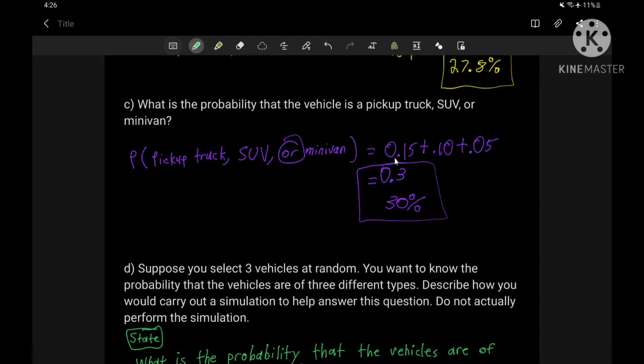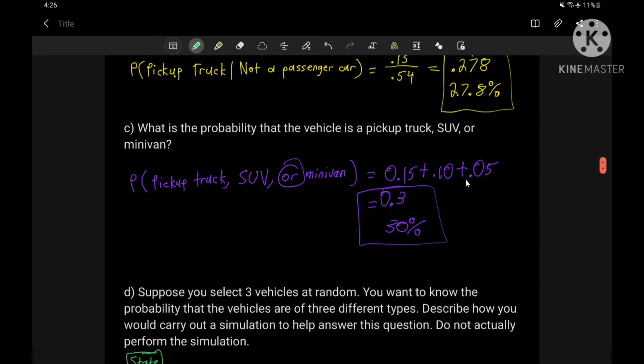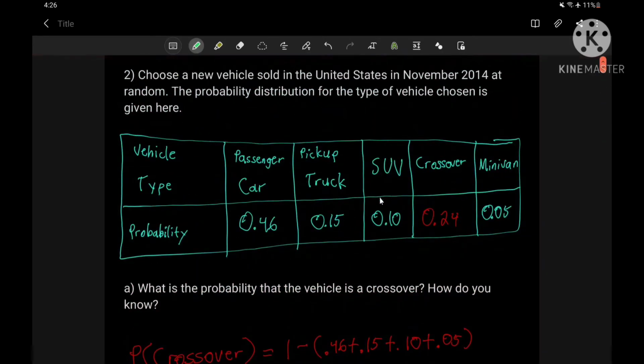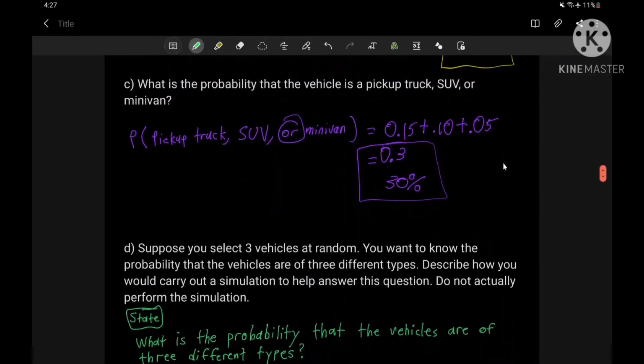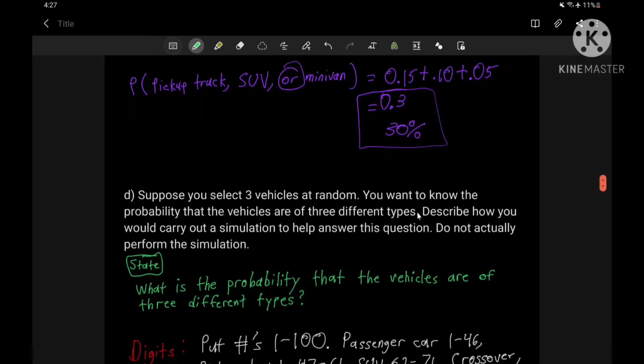So 0.15 plus 0.10 plus 0.05, which is right here in the chart for pickup truck, SUV, and minivan. When you add them up, it's equal to 0.3 or 30%.